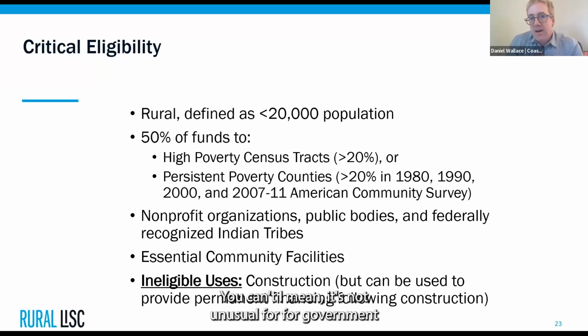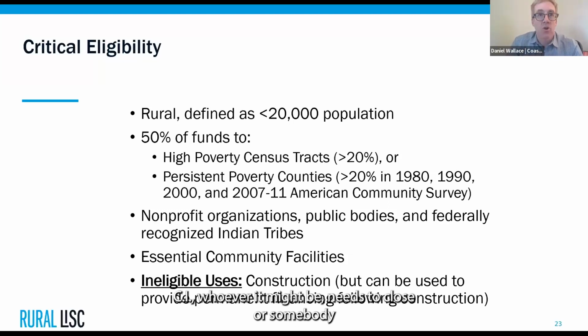It's not unusual for government sourced funds at all, but you can't use CFRP for construction. And most of what my organization has seen is construction. So basically you need to walk through the USDA process as part of underwriting. The lender, LISC, CEI, whoever it might be, needs to close, or somebody else needs to close on some kind of construction or bridge financing.